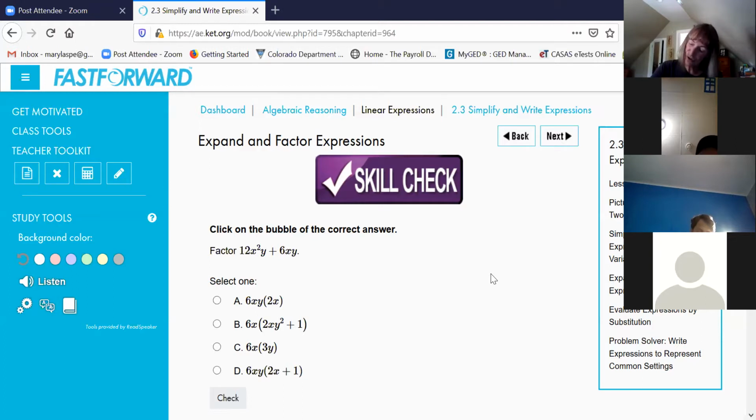So I know we can factor out a 6. And then on that first term, the x squared y, that's x times y. So it has an xy in it, and the 6xy has xy in it. So we can factor out an xy out of both of those terms. So altogether, we can factor out a 6, an x, and a y.